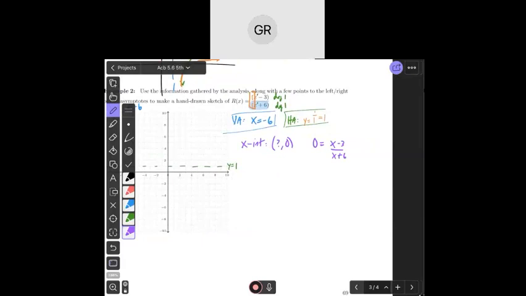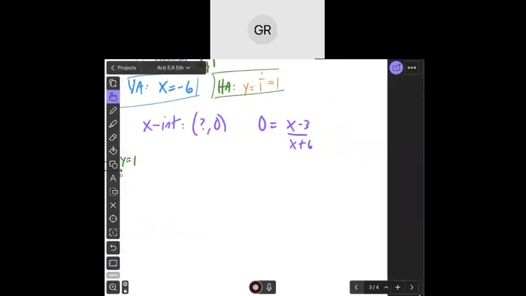Well, we can't solve for a variable when it's in the denominator like that. So how do we get that x plus 6 out of the denominator? Just multiply by it.